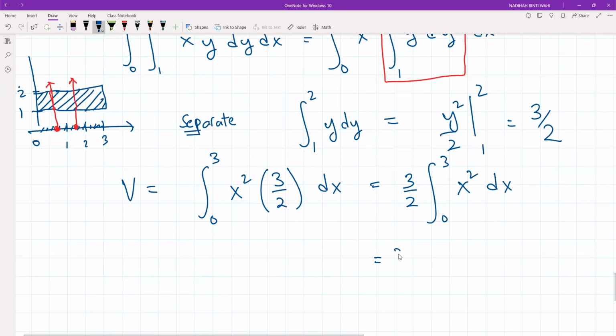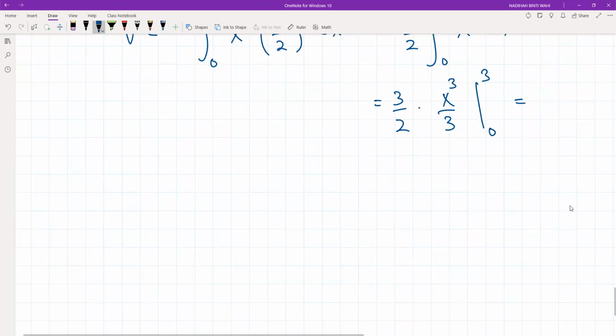And this is just 3/2 times x cubed over 3 from 0 to 3. So dapat apa? 9. Okay. Oh, wait. So this is x cubed over 2 from 0 to 3. Berapa? 13.5.